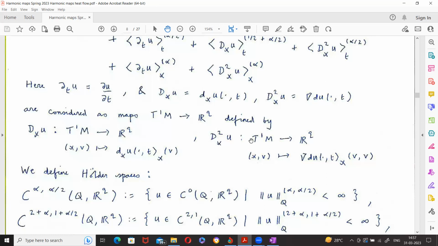So this d squared u, defined to be acting on (x, v), an element of the unit tangent bundle, is nabla du at (x, t) applied to (v, v). Okay. So if this is 0 identically, then nabla du will be identically 0, right? Okay.